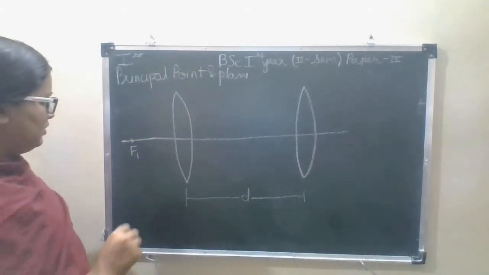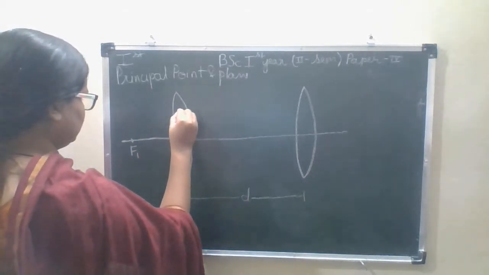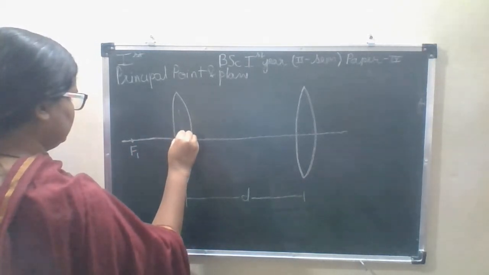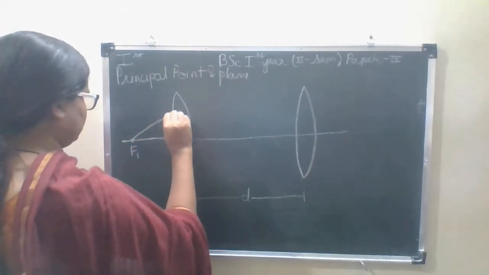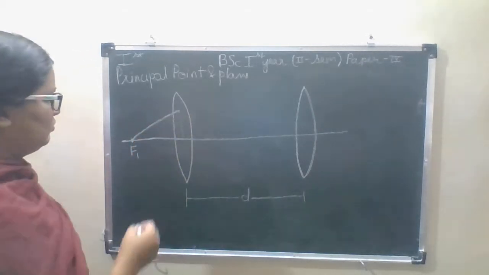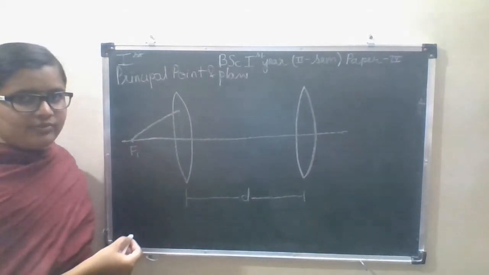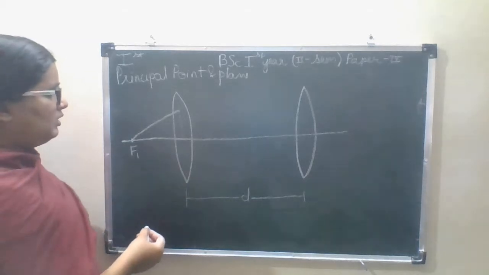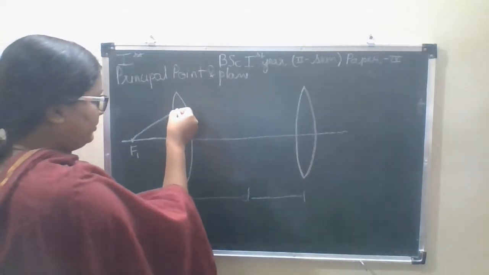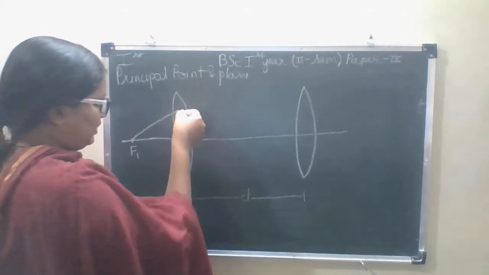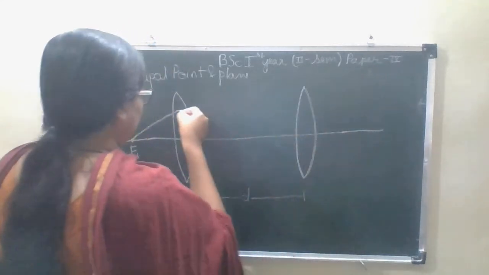Now the ray is passing through the surface of the first lens, then after refraction it bends and travels parallel to the axis.